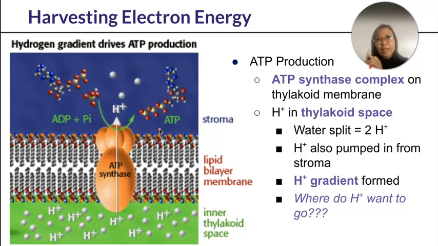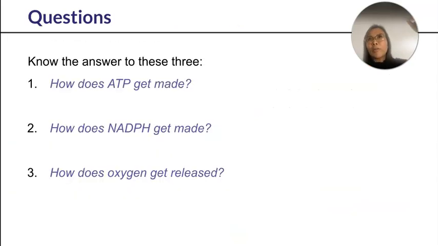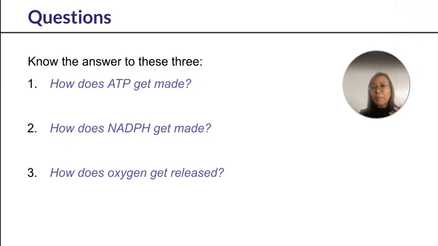As they're being pushed through the ATP synthase in order to go into the stroma, all the energy is being harnessed, and the energy is going to be used to make ADP and phosphate into ATP. All right. So this is pretty much the goal of the light reaction itself, to harness that solar energy so that it will eventually be converted into ATP, which is an energy source that the cells can use.